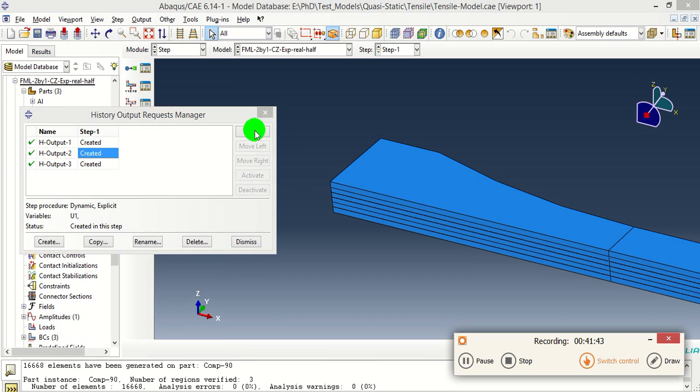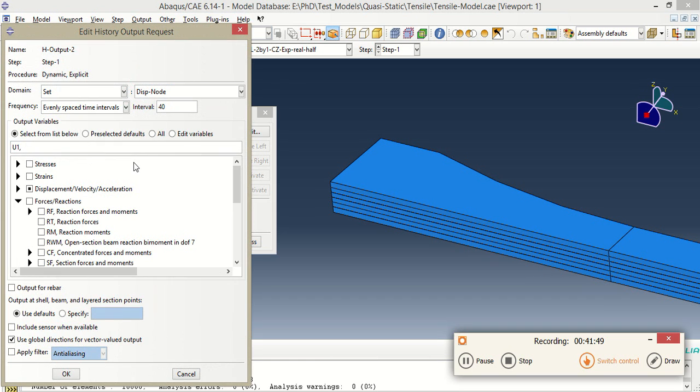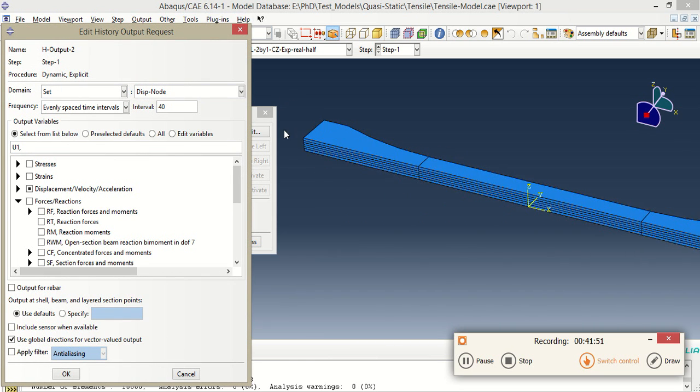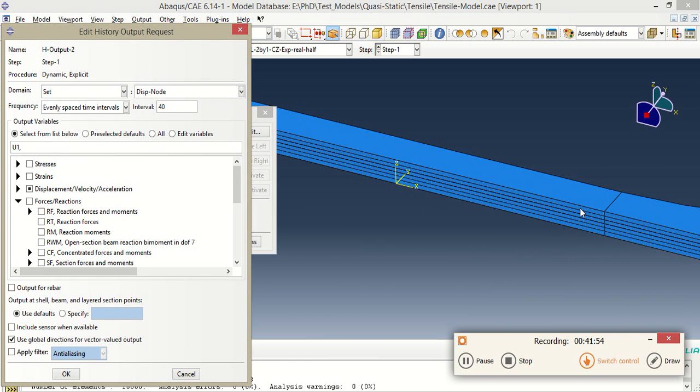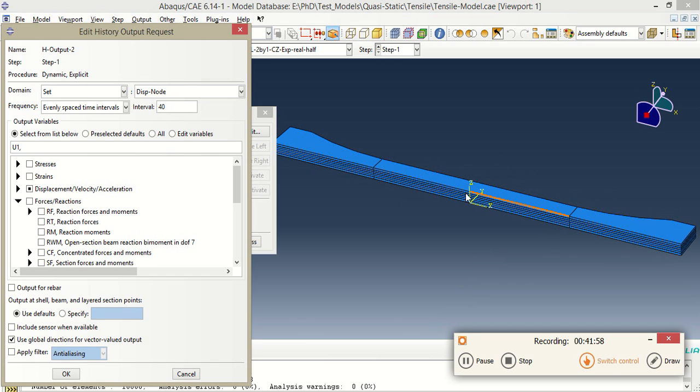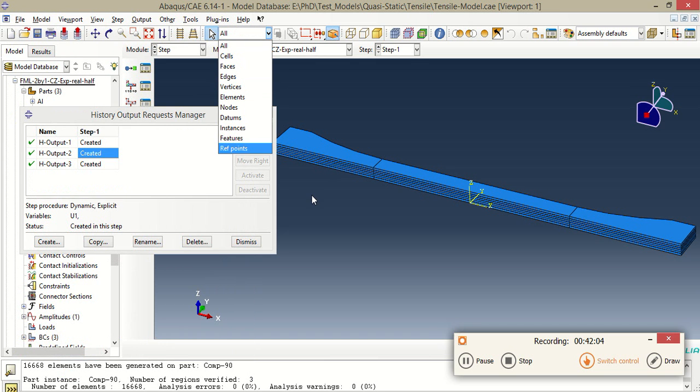Then I have chosen a displacement. Okay, so one node I have chosen. You can choose a node anywhere, wherever you want to obtain the displacement. You can choose that node and save it. Okay, I'll tell you how to choose the node also.